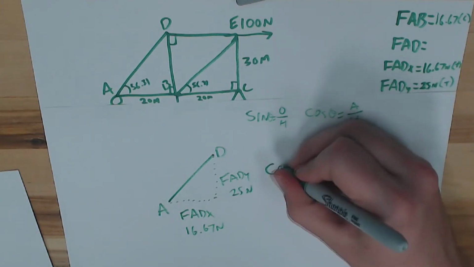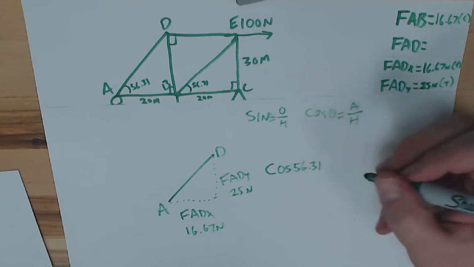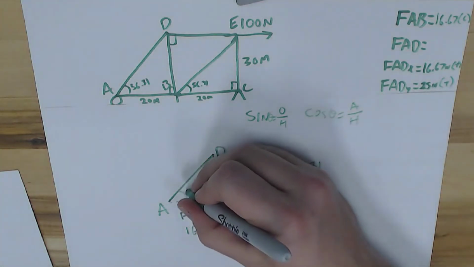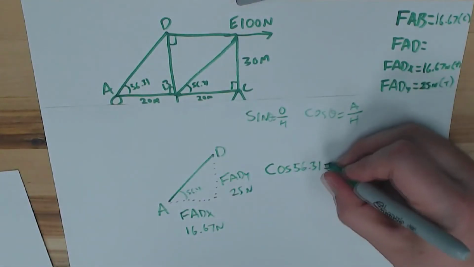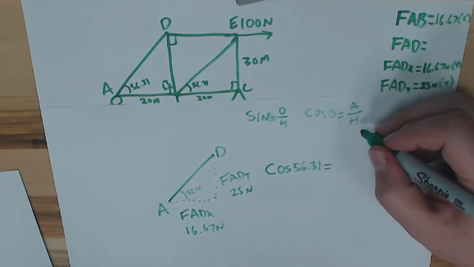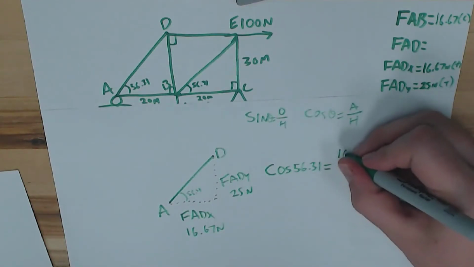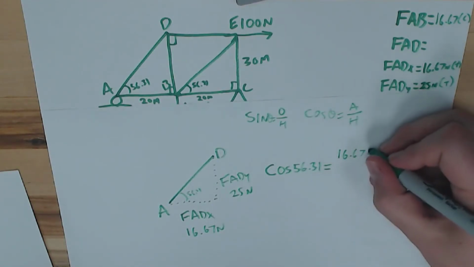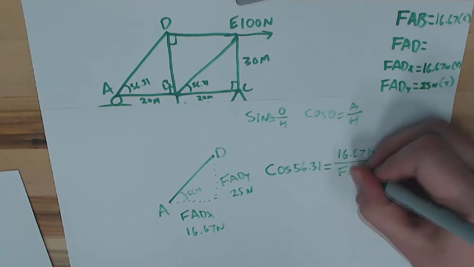So cosine of 56.31, that was this angle right here. Cosine of that equals adjacent over hypotenuse. What's the adjacent? Well, that's this one right here: 16.67 newtons over the hypotenuse, which is FAD.